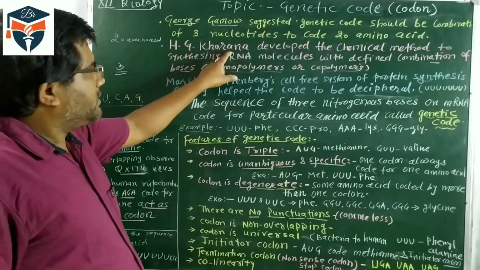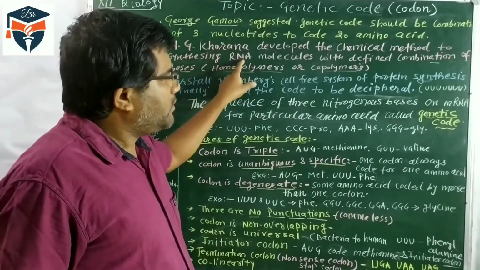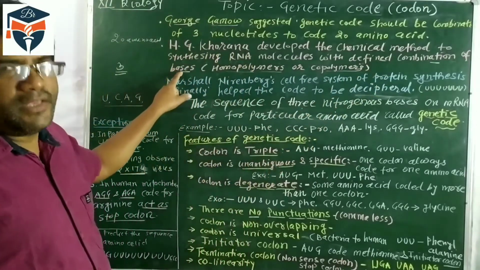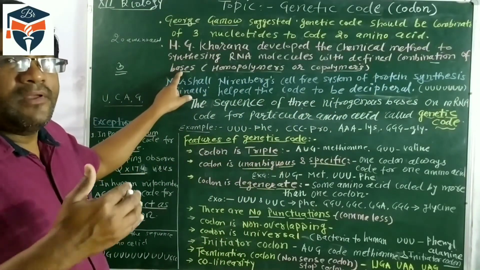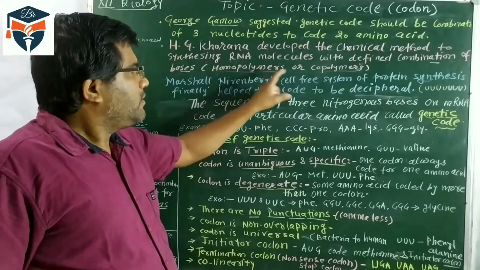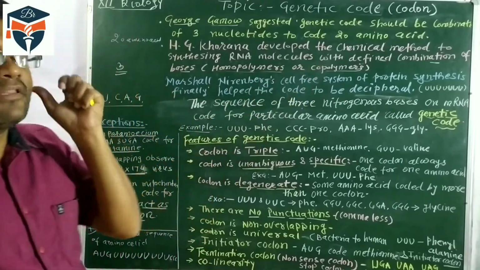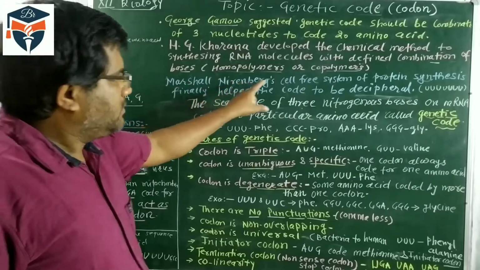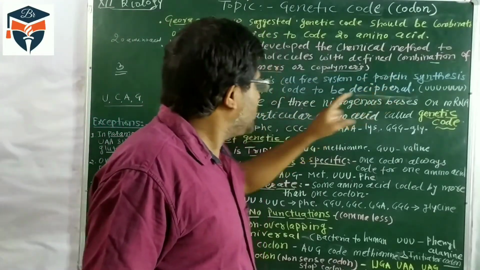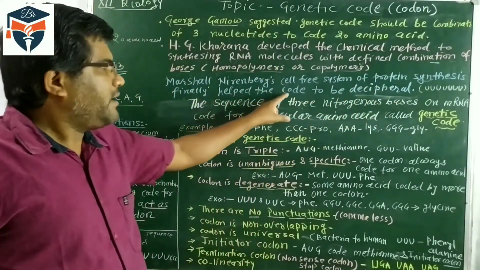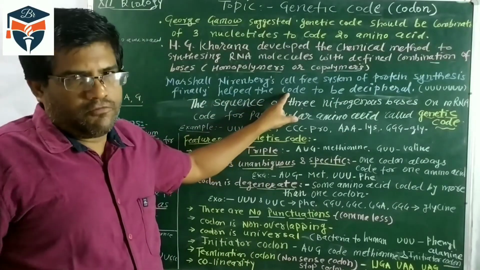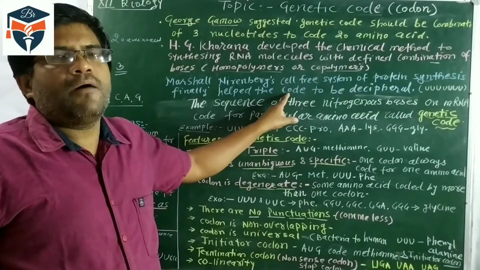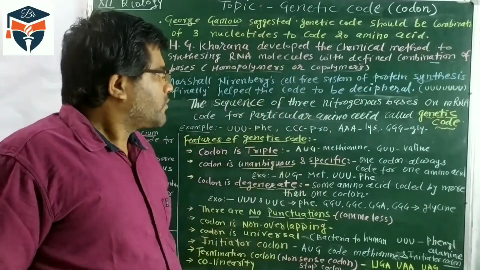Khorana said that when he synthesized RNA molecules, there is a combination of bases: same bases form a homopolymer, and different bases form a copolymer. Similarly, Marshall and Nirenberg, in the cell-free system of protein synthesis, said that there are some specific codes, and these specific codes are translated to amino acids or protein.